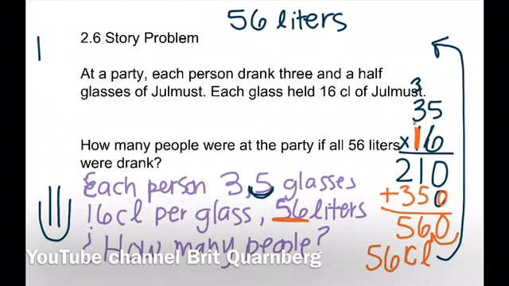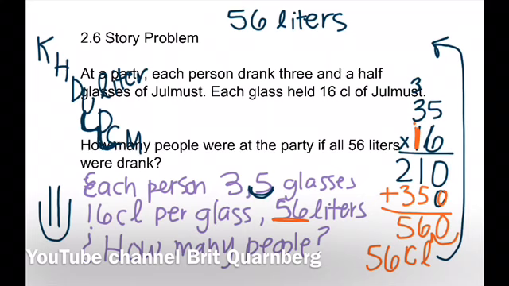If you remember learning, King Henry does usually drink chocolate milk. And we're going from liters to centi. We're going to go 1, 2. We have 2 decimal places that we have to move. So from liters to centiliters, we would have 5,600 centiliters, because we moved the decimal 2 times that way.